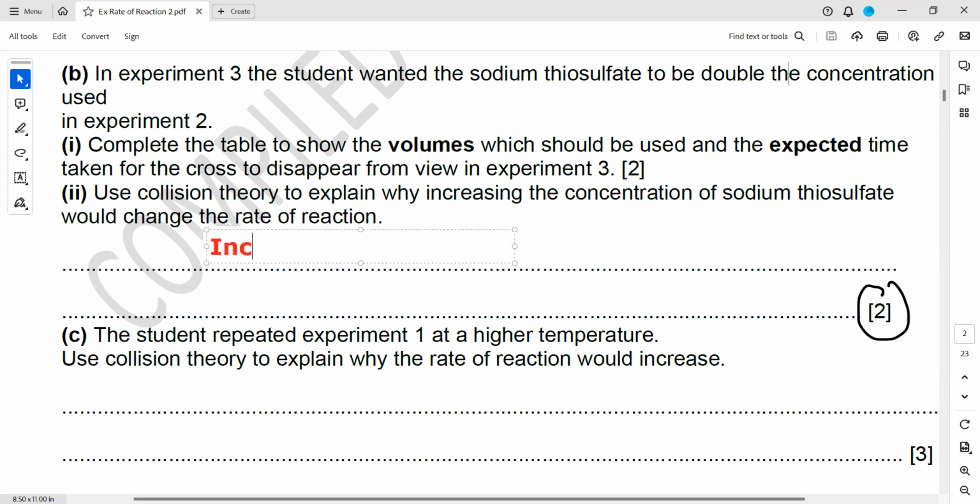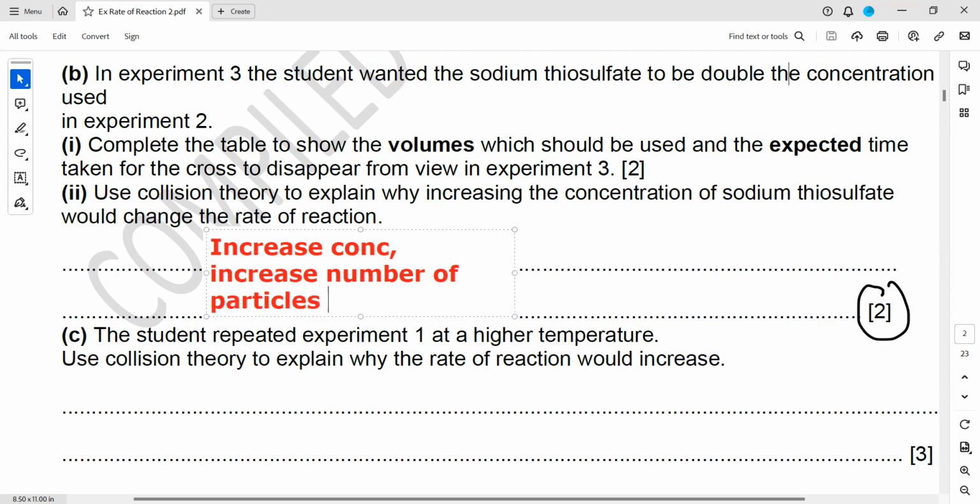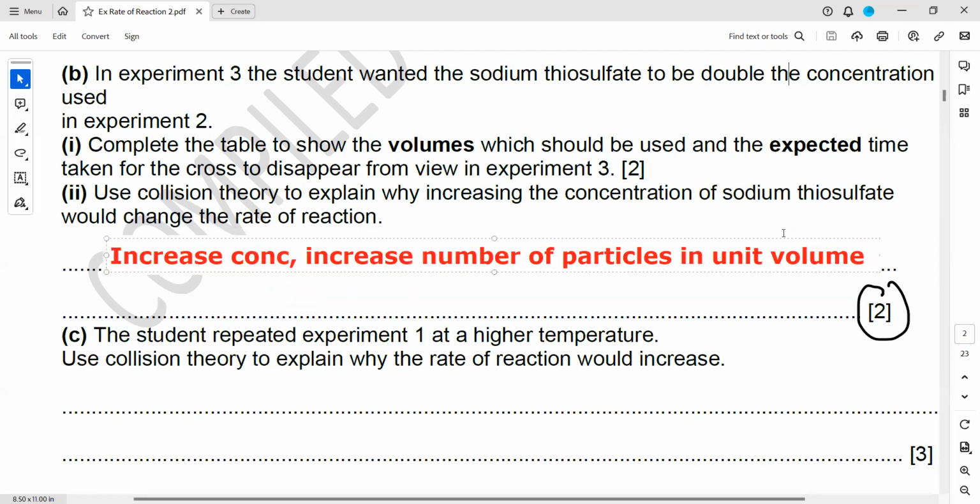So if we increase the concentration, what will happen? It will increase the number of particles in a unit volume. And when the number of particles in a unit volume increases, what will happen?